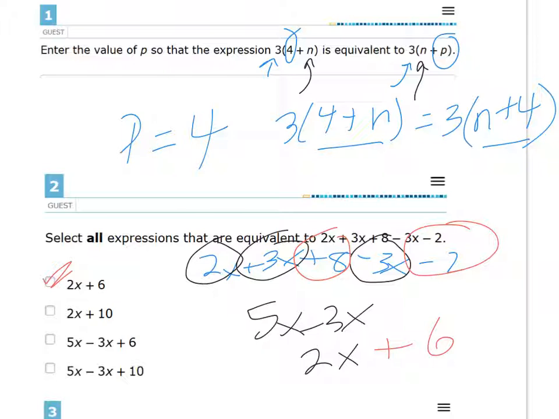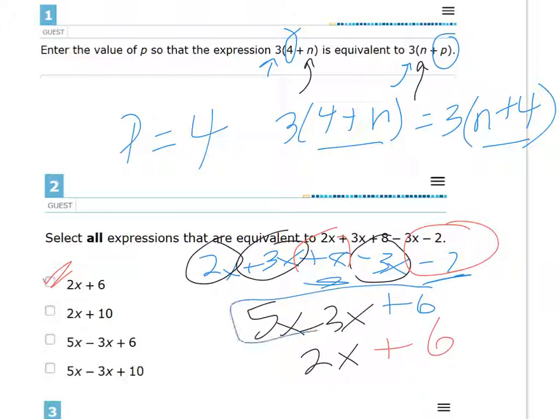Then if I go back to what I originally had, the 2x plus 3x gave me 5x. But if I would have kept the minus 3x and just combined the plus 8 and the minus 2, that would give me a positive 6.